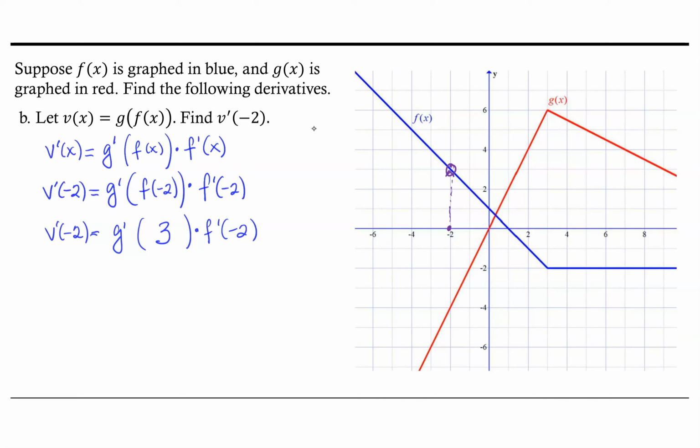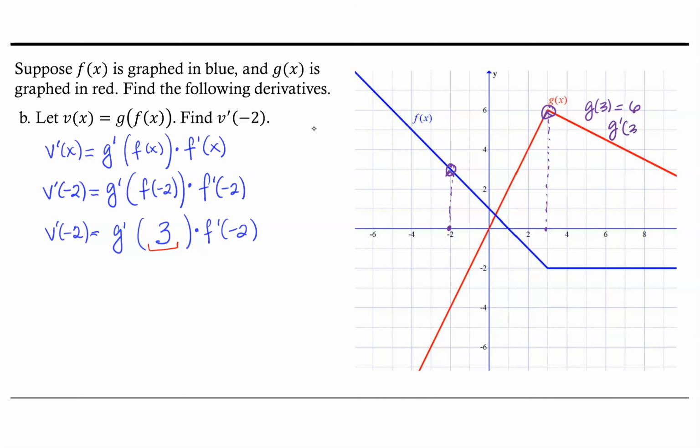So let's identify this 3 on the x-axis so that we can think about the slope of the tangent line. So coming over to our x-axis, here is 3, and we're going to go up to our function g right here. So it looks like g of 3 is equal to 6.